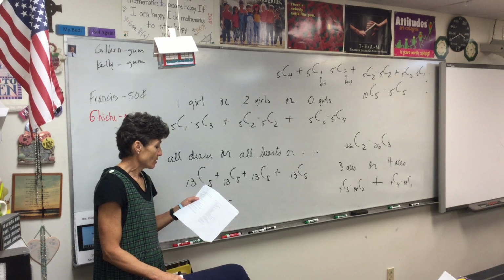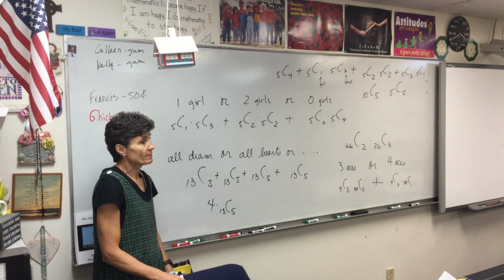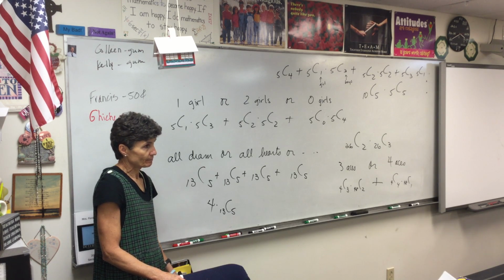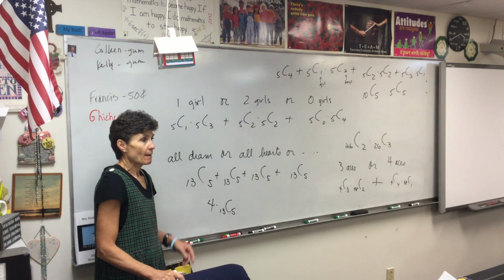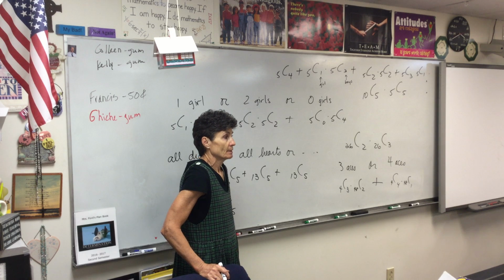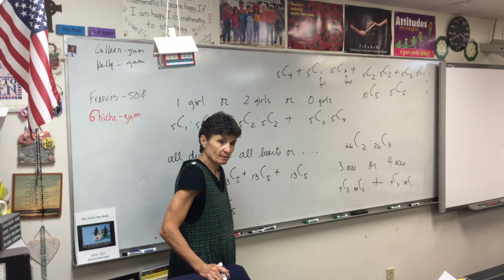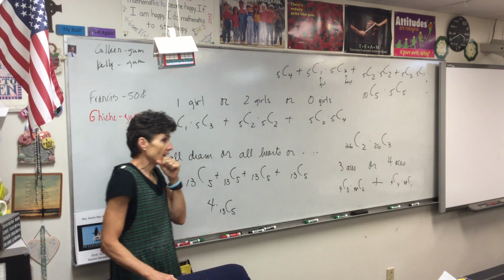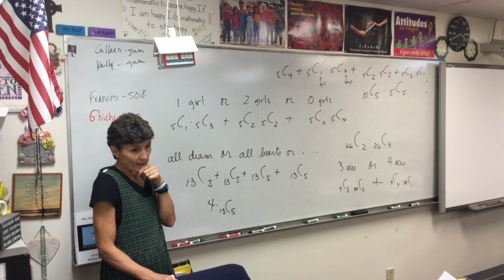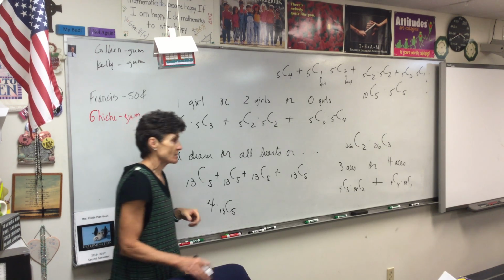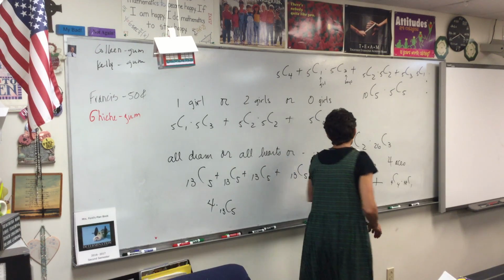At least 1 card from each suit. Now, what does that mean? That means that every hand has to have at least 1 diamond, and at least 1 club, and at least 1 spade, and at least 1 heart, and then something else. All right, so let's look at that for a minute.